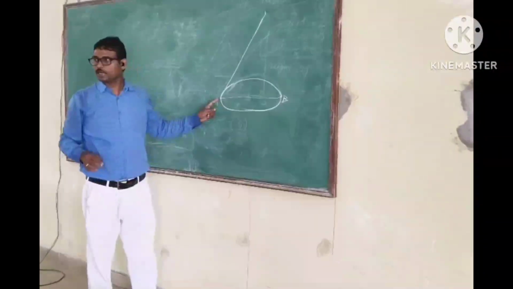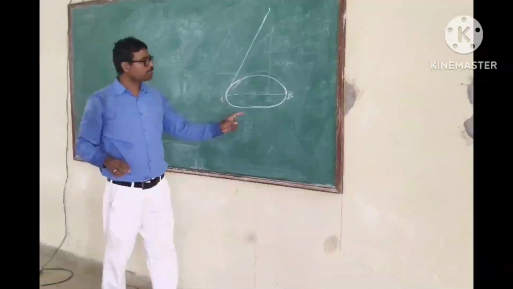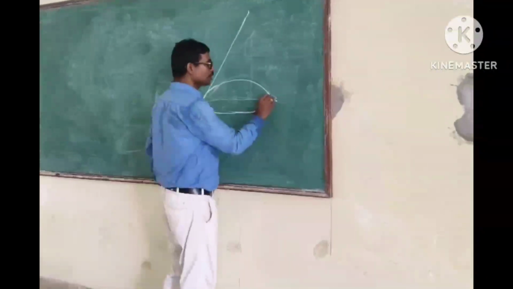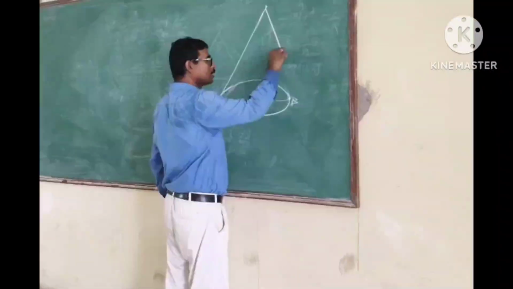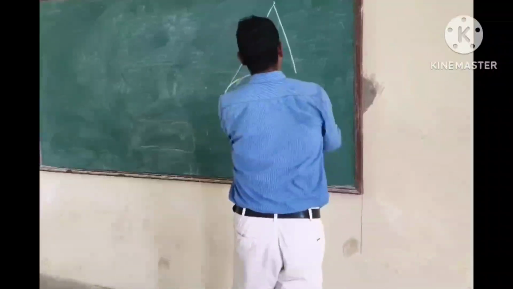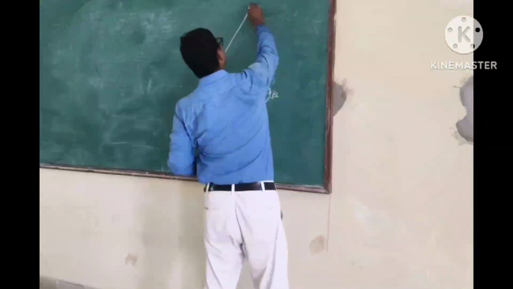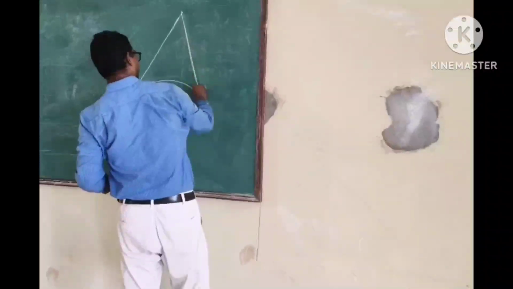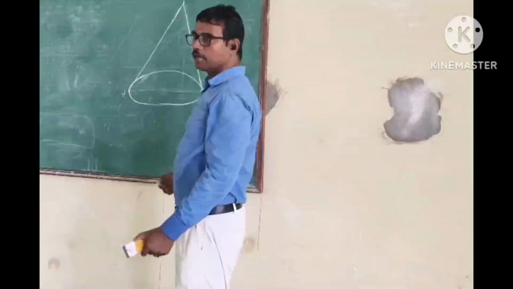Suppose here is the position of the Earth. After 6 months, you know, 1 year, so after 6 months the position is there. So the nearby star from the Earth is this one. Okay, so this is the nearby star.